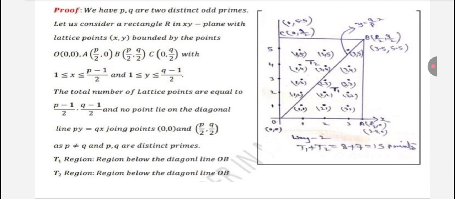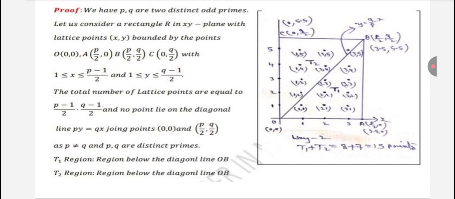With the condition that x varies from 1 to p minus 1 by 2 and y runs from 1 to q minus 1 by 2. The total number of lattice points is equal to p minus 1 by 2 into q minus 1 by 2, and no point lies on the diagonal line, that is y is equal to q by p into x or py equal to qx, joining the points 0 0 and p by 2 comma q by 2.